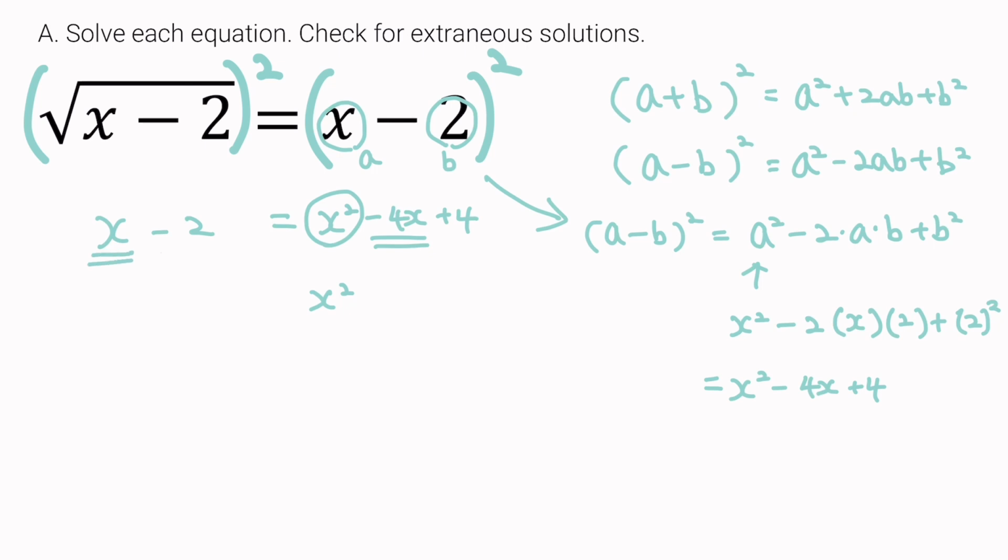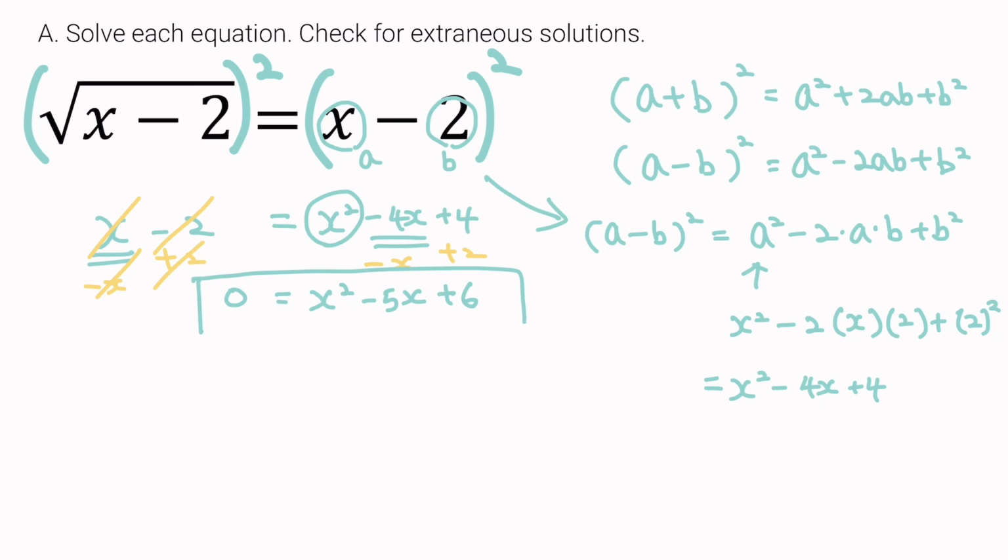So I'm going to subtract x from both sides. I can have x on the left side eliminated, and on the right side I'll have negative 5x. I will also add 2 to both sides to get rid of that negative 2 term on the left side, and on the right side I'll have plus 6, and that's all going to equal 0.